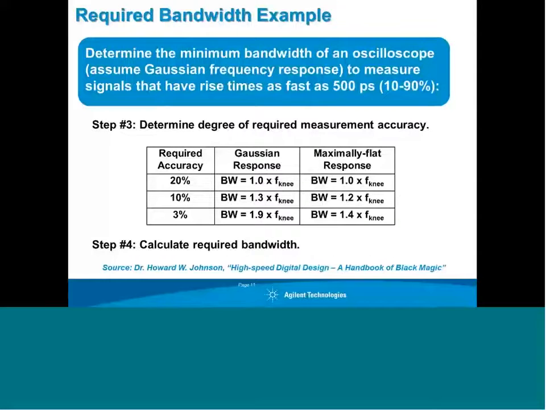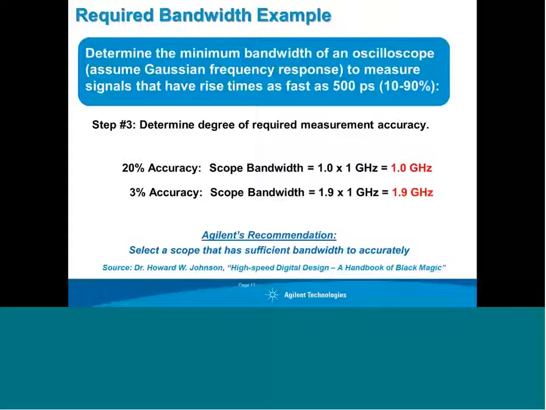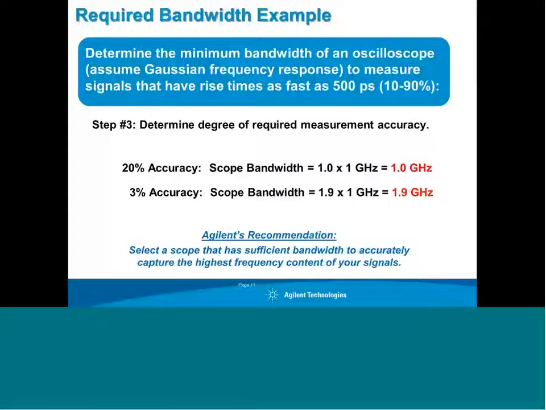So let's take a look at an example. Let's say determine the minimum bandwidth of the scope, and let's assume a Gaussian frequency response, so it's got this slower roll-off, to measure signals that have rise times as fast as 500 picoseconds based on a 10 to 90% criteria.